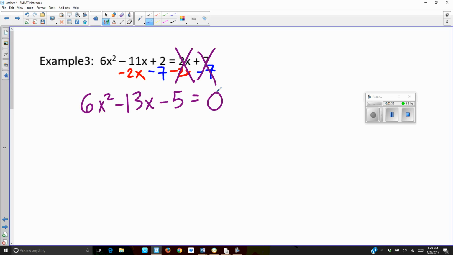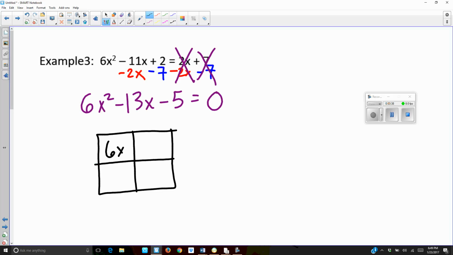Now go ahead and factor 6x squared minus 13x minus 5. There's no GCF, so you're going to do it the same way. 3 terms. So 6x squared in the top left, negative 5 in the bottom right. Don't forget this step. Take the first number, multiply it by the last.